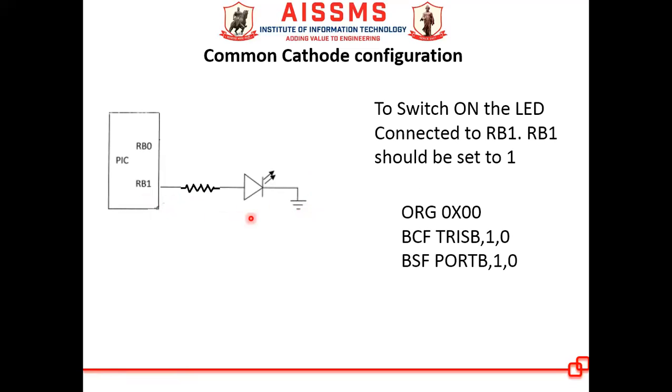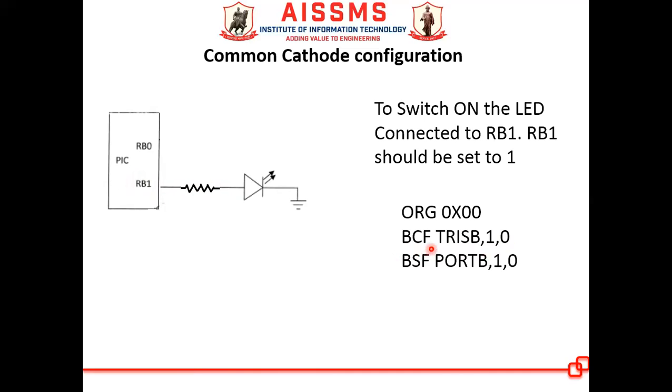To switch on this particular LED, you need to switch on this particular bit, which is the RB1 bit in this case. So you can configure only this bit as an output bit. To do that, you have to use the instruction BCF TRISB, 1, 0.